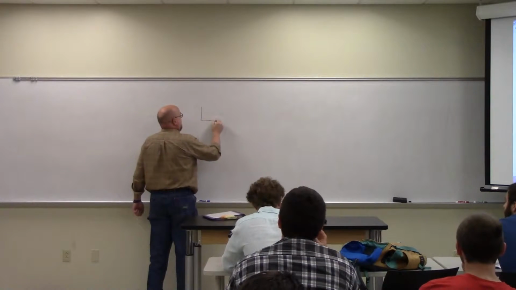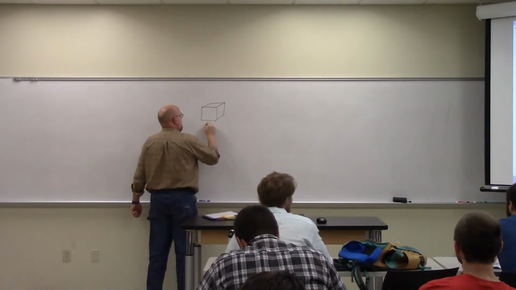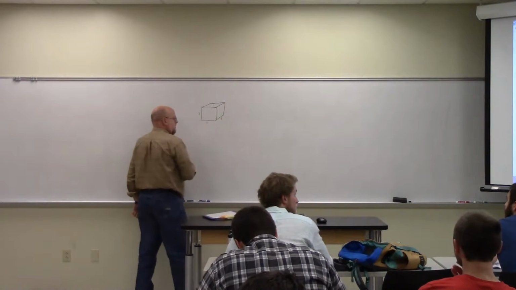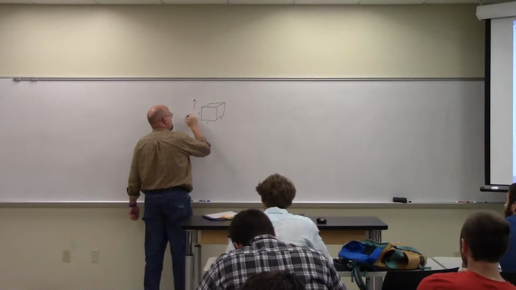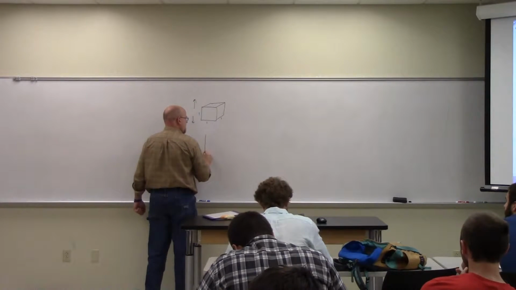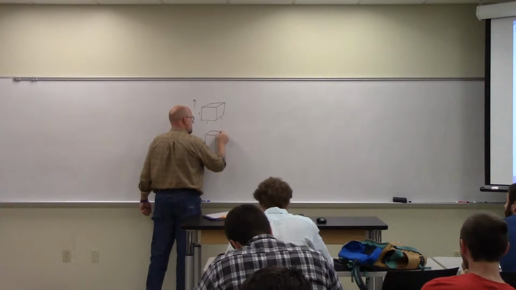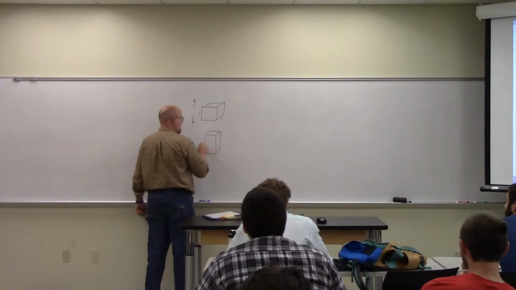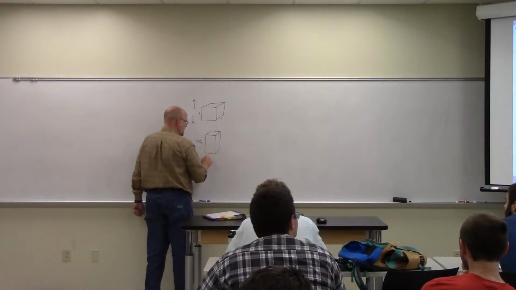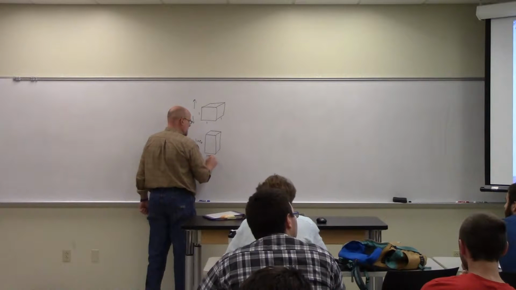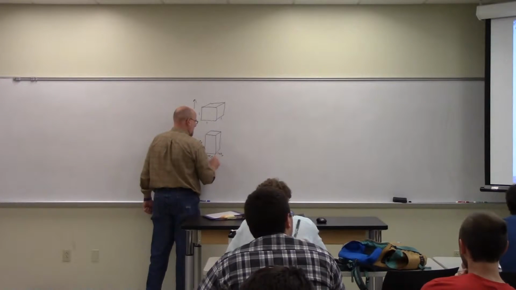So what started out as a block that was nominally 1 by 1 by 1, and is stretched in the z direction, let's say, becomes a block that is 1 plus EZ in that dimension, 1 plus EX, and 1 plus EY.